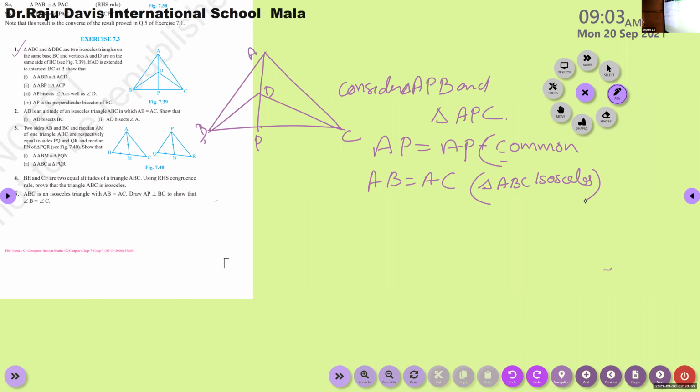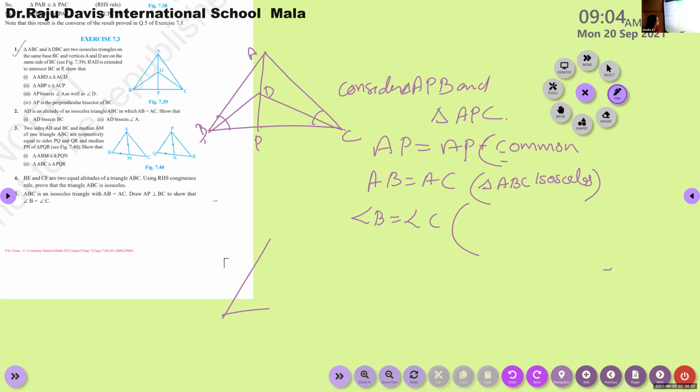Any other reason? What about angle B and angle C? In triangle APB, are angle B and angle C equal? Yes. Why? What is the reason? Angle B equal to angle C, what was the reason? Which type of triangle is ABC? Isosceles. So why are angle B and angle C equal?